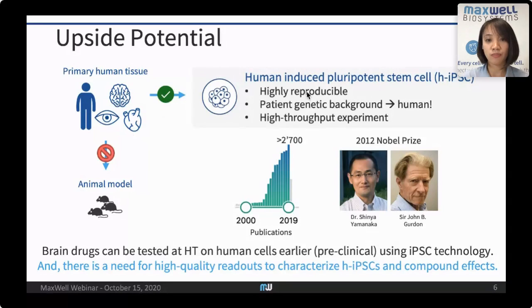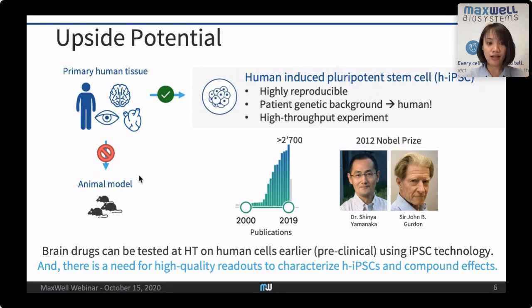With human induced-pluripotent-stem-cell technology, we can have highly reproducible cells with a human patient genetic background, and we can also perform high throughput experiments. And this is much better as compared to animal models. So we can have these compounds tested on human cells earlier.